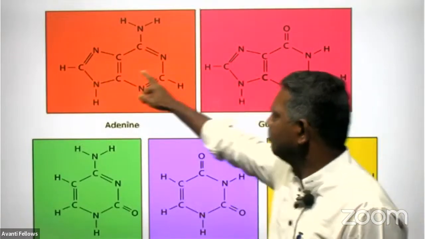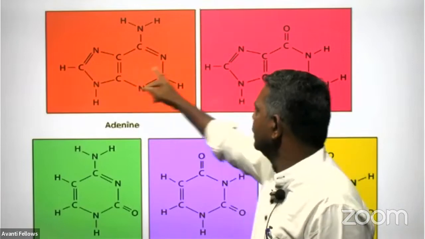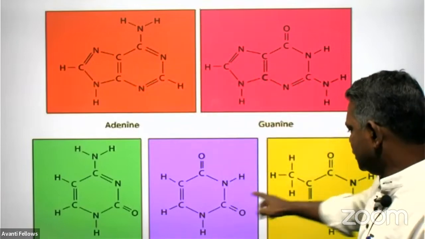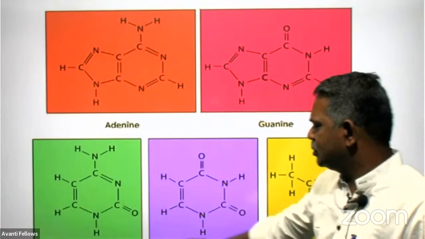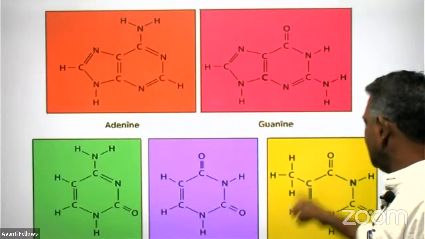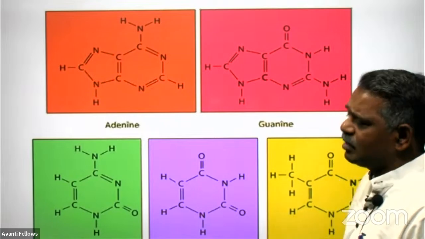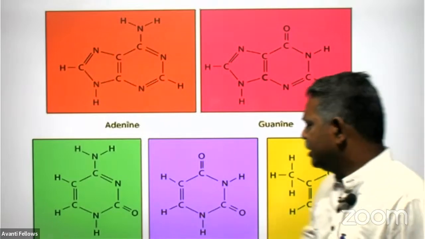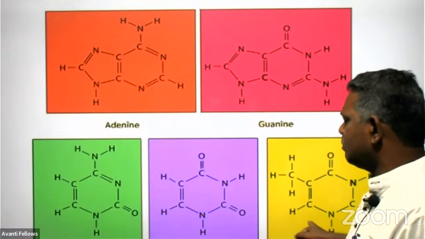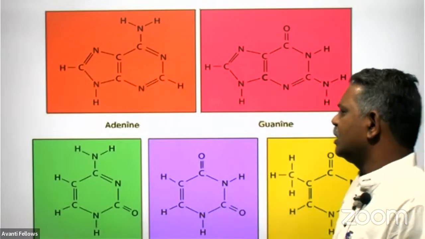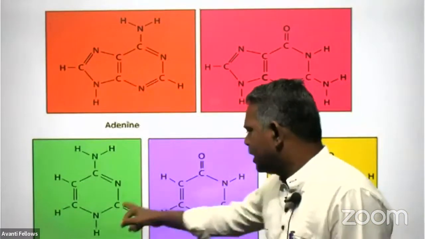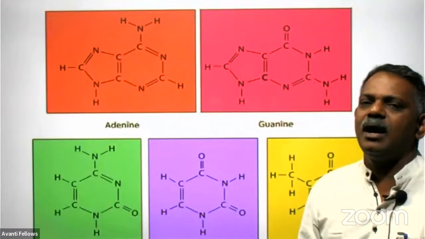These three nitrogenous bases, cytosine, uracil, and thymine, belong to the unicyclic category called what? The pyrimidine. Cytosine and thymine are present only in the DNA, whereas uracil and cytosine are present in the RNA.